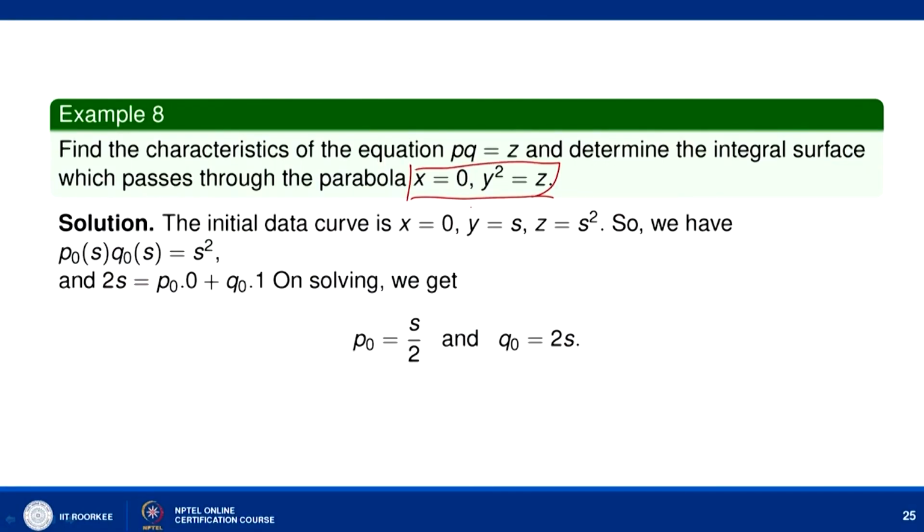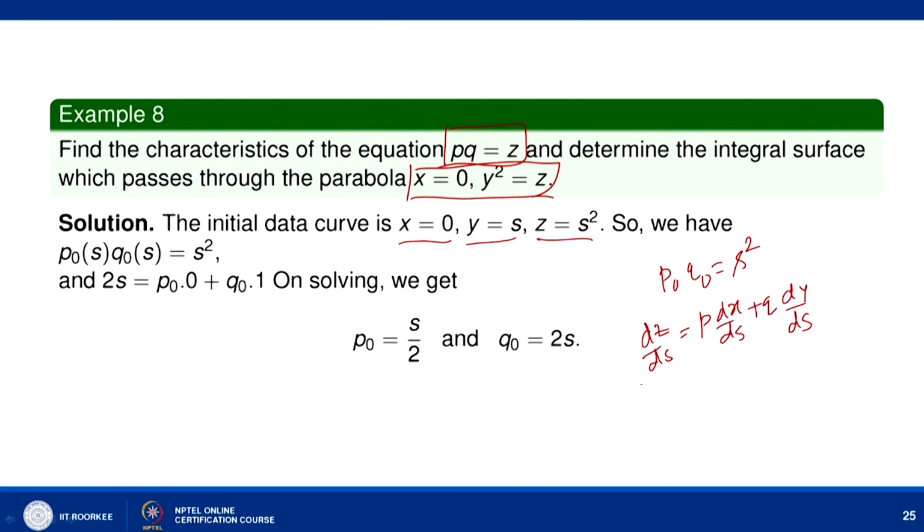parameterize your initial curve, that is x naught equal to 0, y naught equal to s, then z naught is automatically s square. Once you have x naught, y naught, z naught, use your PDE, that is pq equal to z. So, p naught q naught equal to z naught, that is s square, and dz by ds equal to p dx by ds plus q dy by ds.